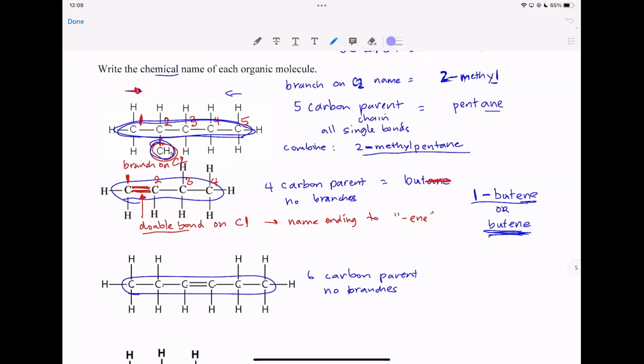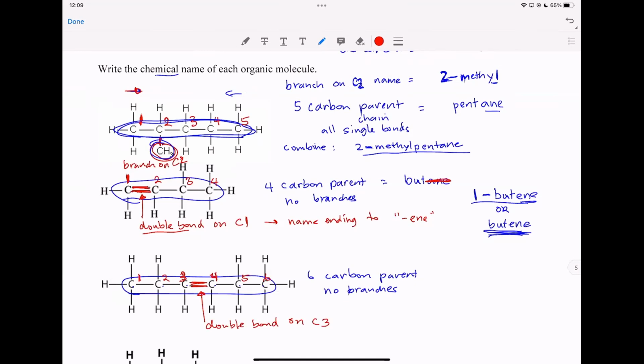But now you want to decide how to number this. And there's a double bond here. So this is a double bond, and you want to number this so that double bond has the lowest possible number. So this actually works going from left to right or right to left. That double bond will be on carbon number 3. So it's on carbon number 3 going to carbon number 4, whether you number it left to right or right to left.